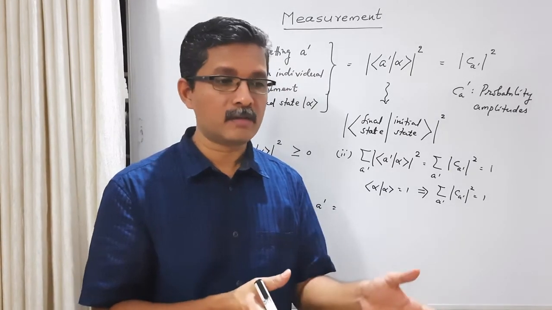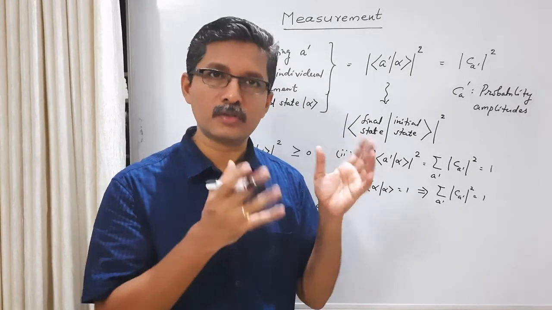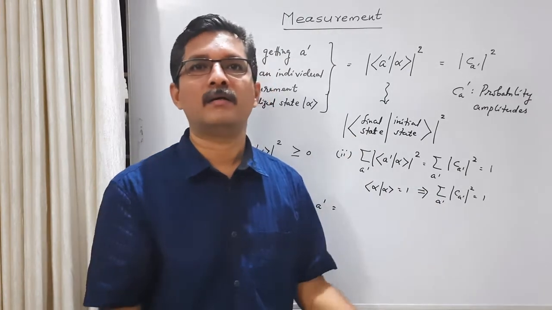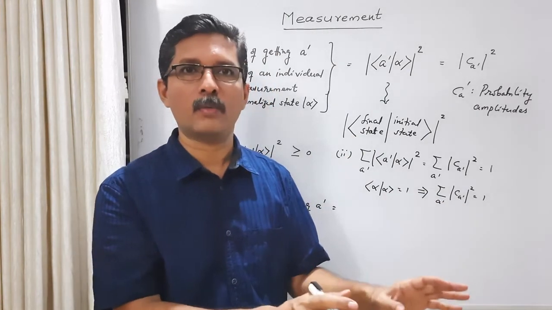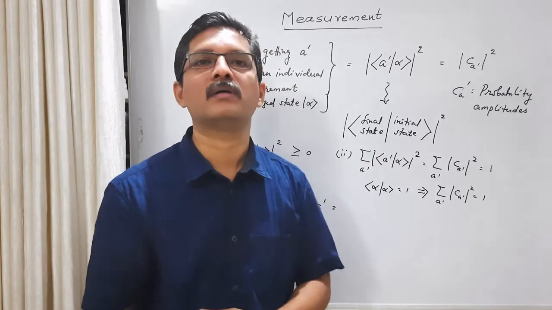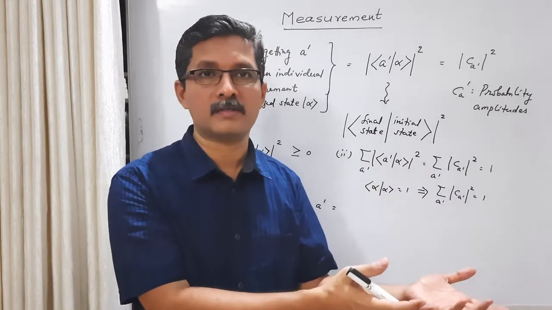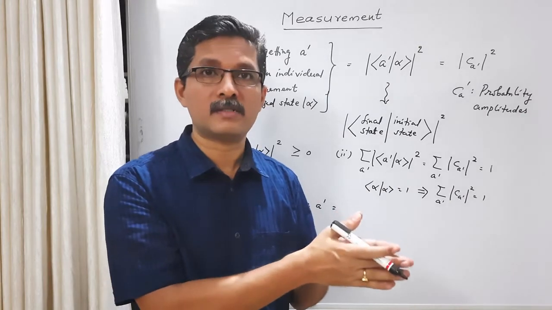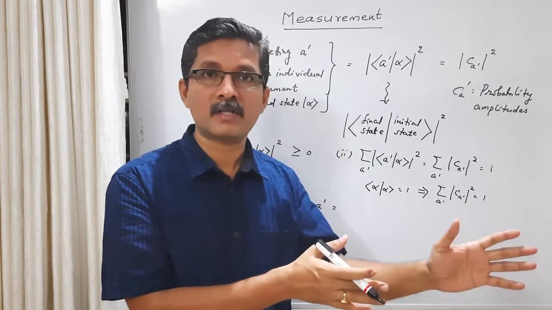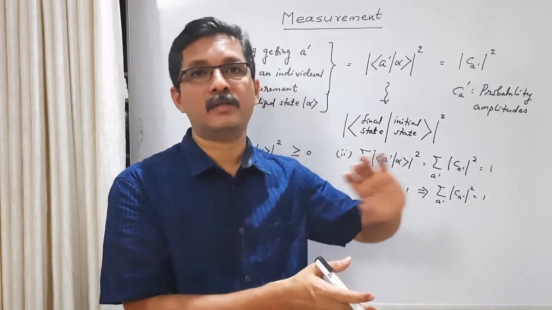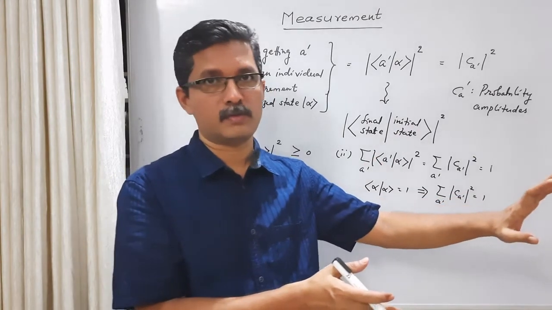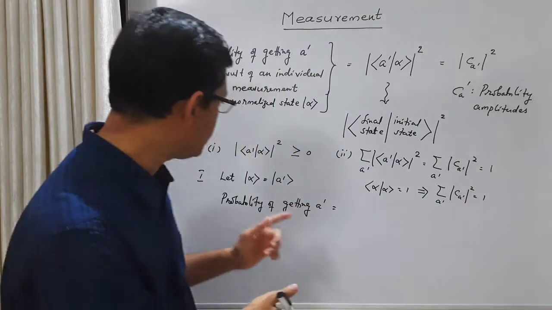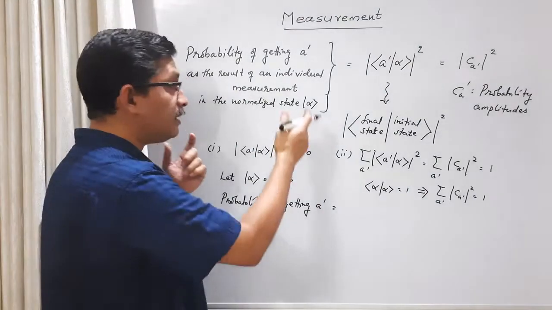If you measure the physical quantity, you should surely get A prime. There is no probability, 100% sure. If the initial state is in S z equal to plus h cross by 2, and you further measure S z, then all the particles will surely be in S z equal to plus h cross by 2. So mathematically, do we get this?